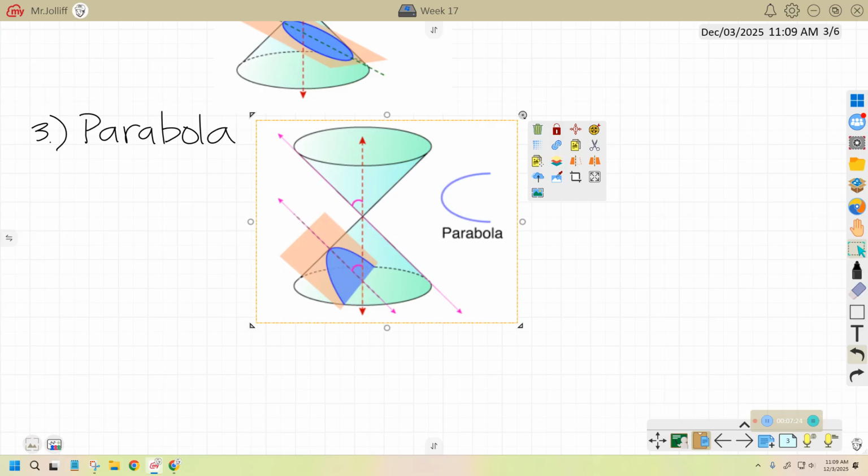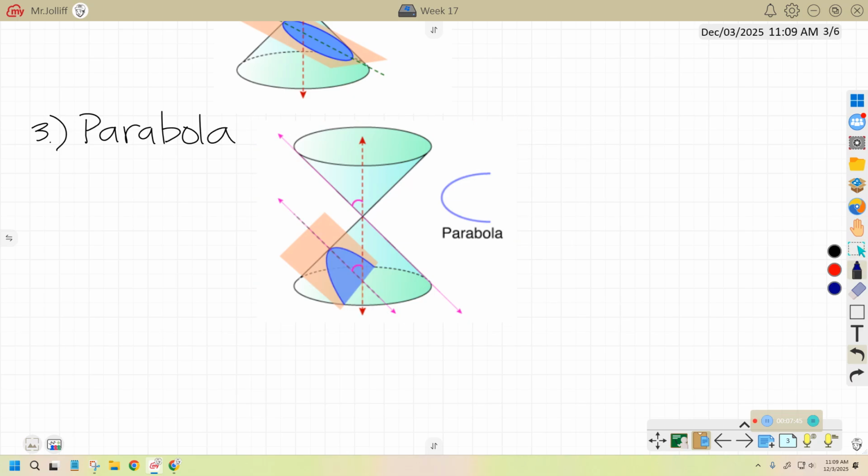If I take that orange plane and I continue tilting it upward, what's eventually going to happen? I have a plane like this. How many curves do I get? If my plane intersects like that, how many curves do I get? 2.